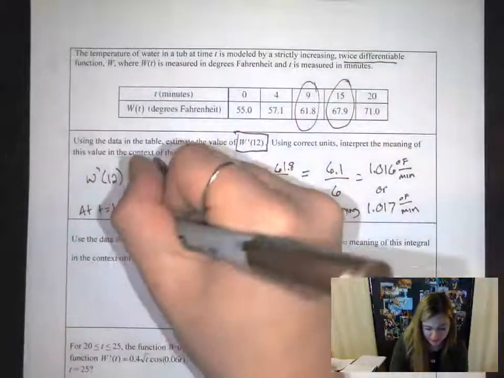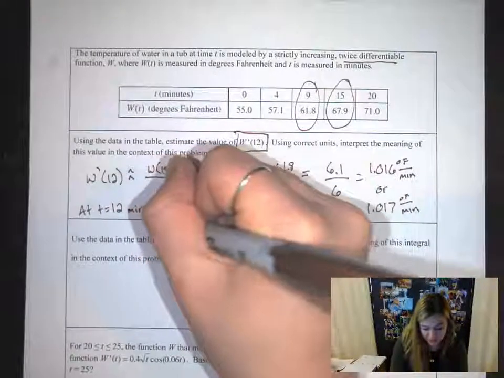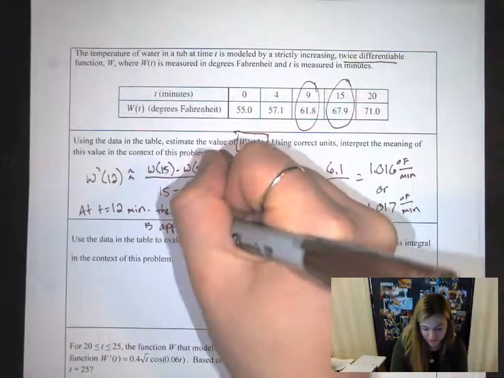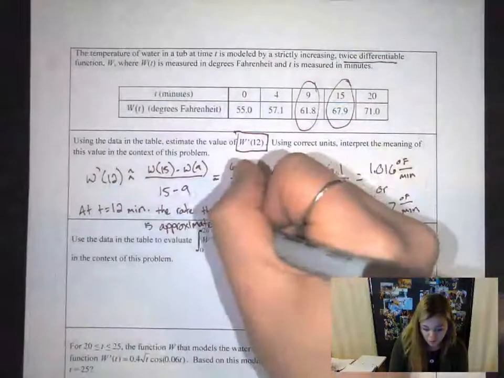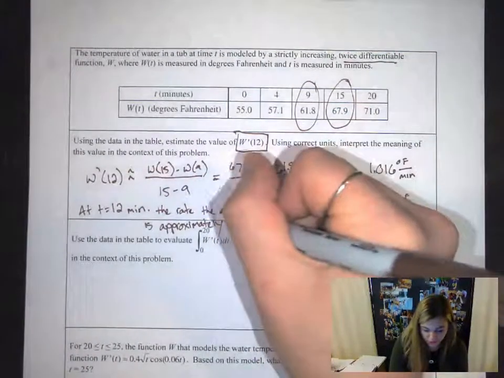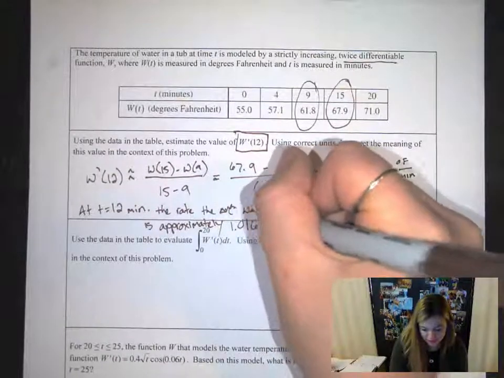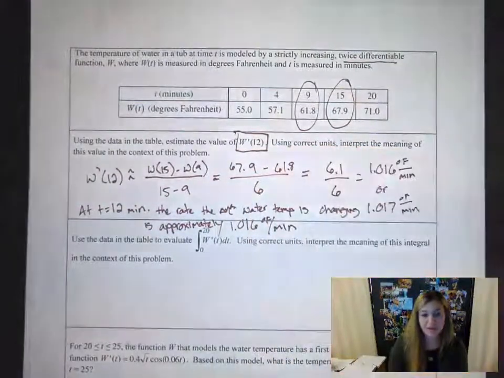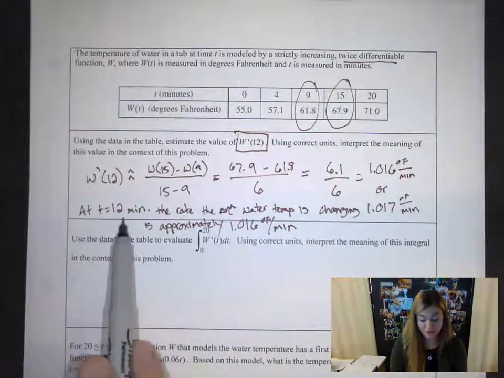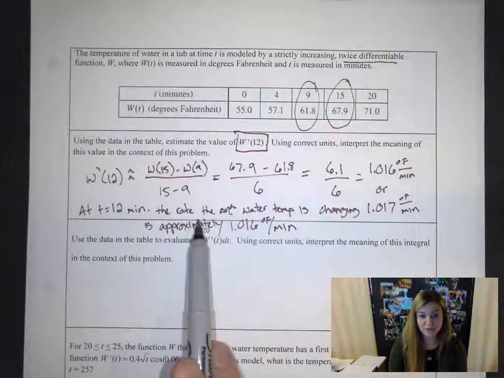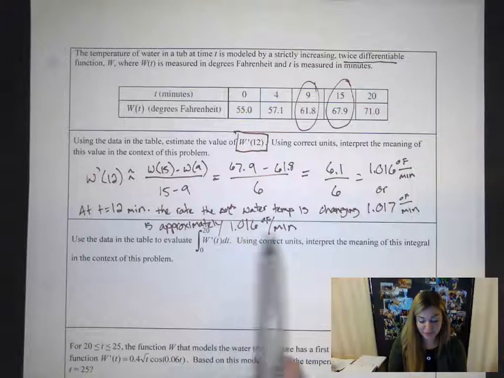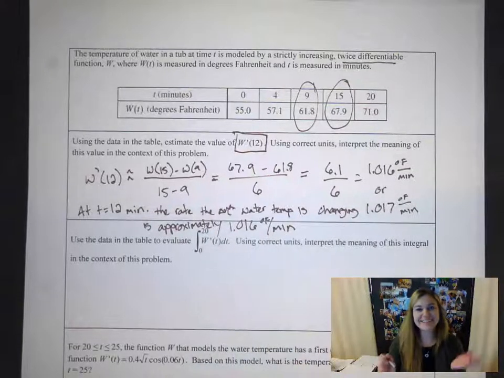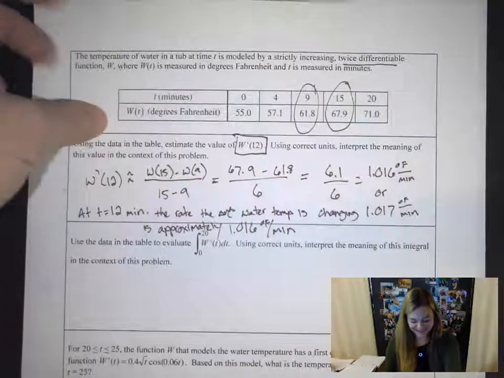And this is where it's important, is approximately, because we estimated using the slope of the secant line, 1.016 degrees Fahrenheit per minute. I said at a particular moment, at t equals 12 minutes, I said that this was the rate the water temperature is changing, and then I gave my answer with correct units. We did it! Let's go on to another one.